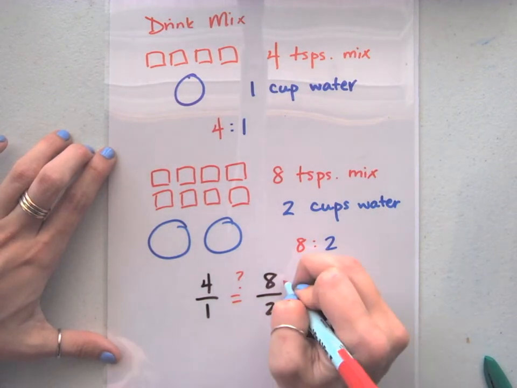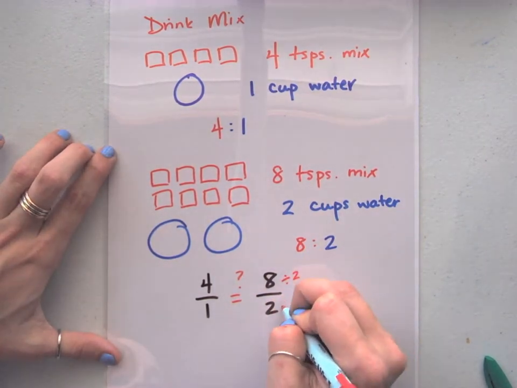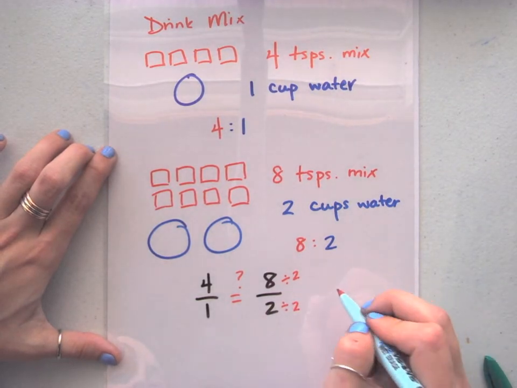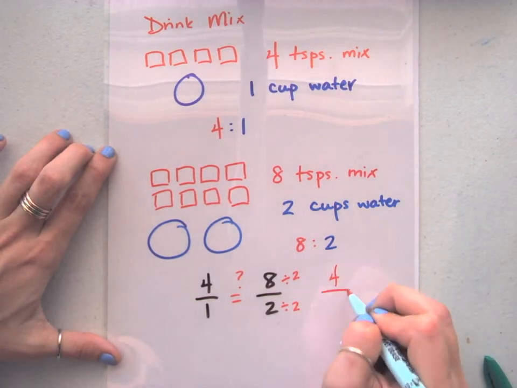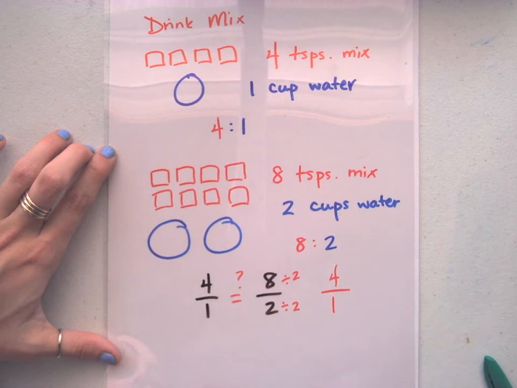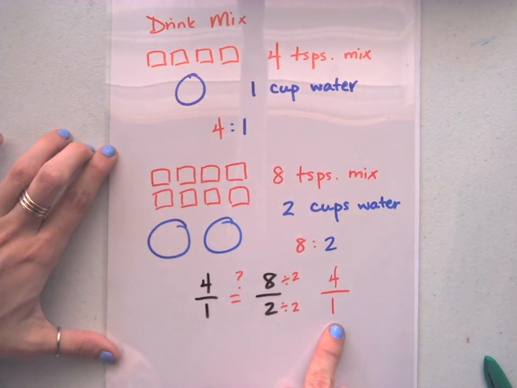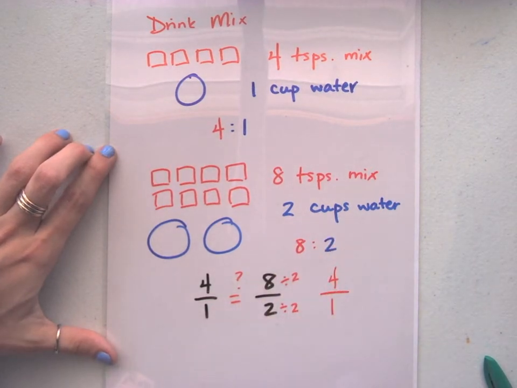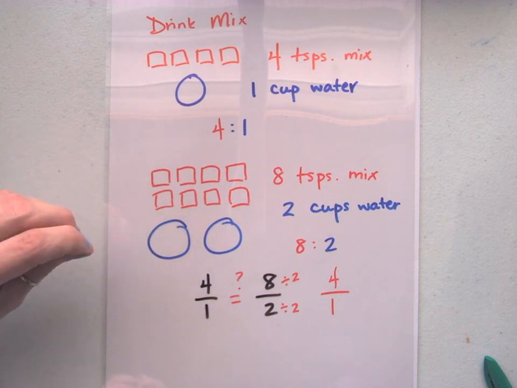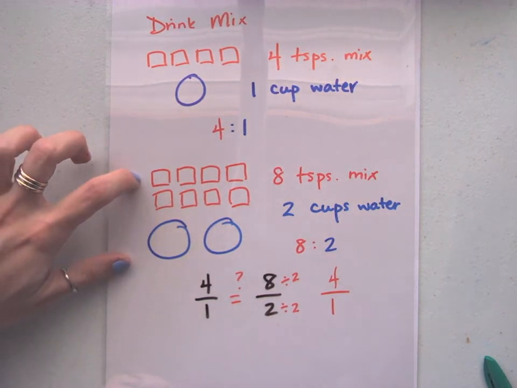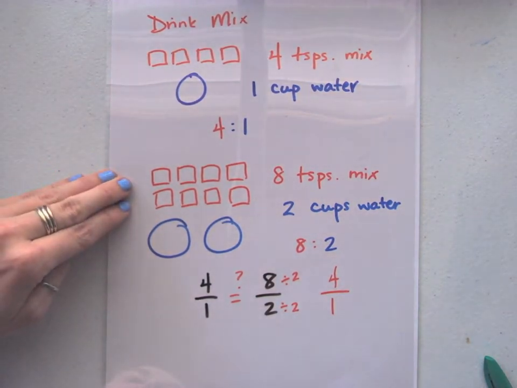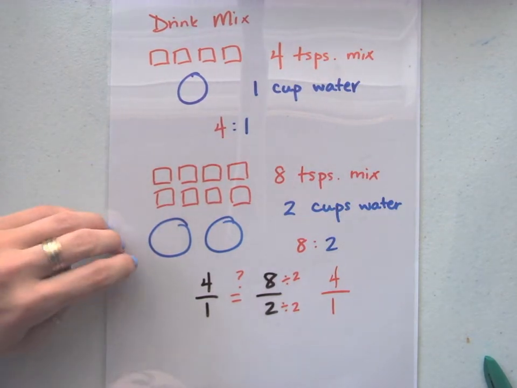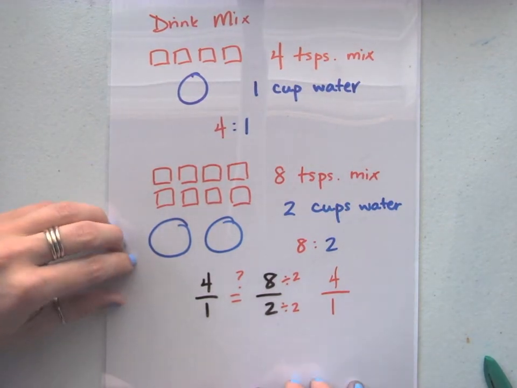Well, 8 and 2 have a common factor of 2. 8 divided by 2 is 4. 2 divided by 2 is 1. And we get the ratio 4 to 1. So even though we have changed our ratio, it is still equivalent to the original ratio because we multiplied both amounts by the same thing. We multiplied our number of teaspoons by 2. We multiplied our number of cups of water by 2.